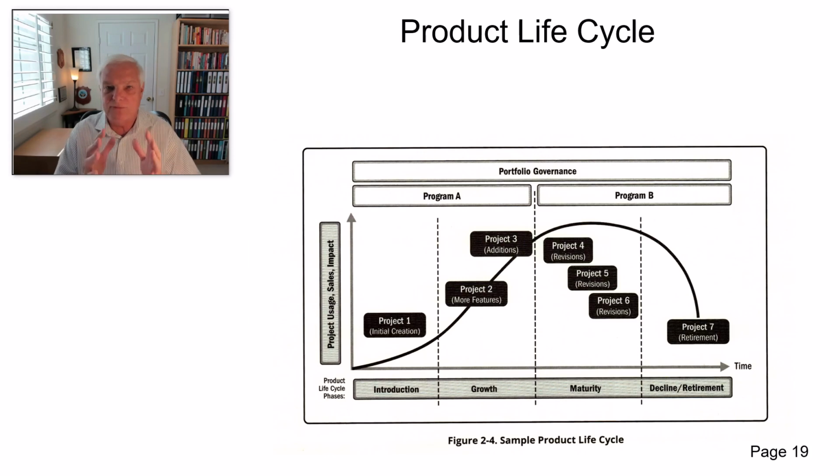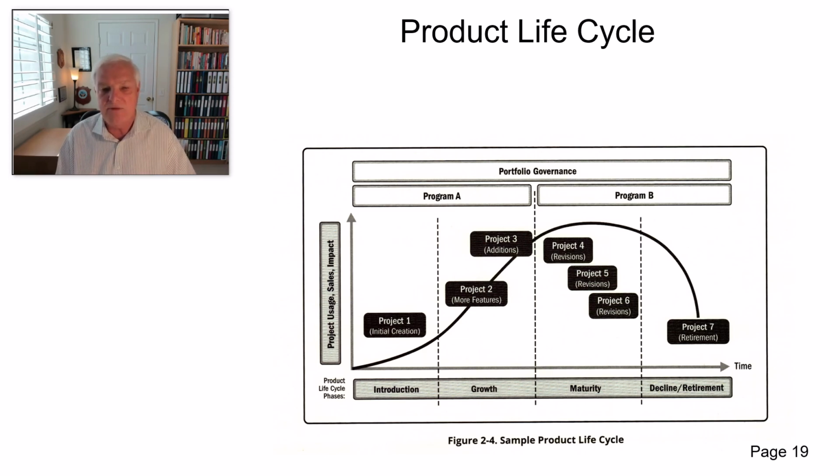Now, there's a product life cycle that we've illustrated for you in here, and they've gone away from a different way of illustrating it into showing you multiple projects. You can add to projects, you can put more features into projects, you can create revisions to them, but that flow moves from program A to program B, and that's referred to as portfolio governance.